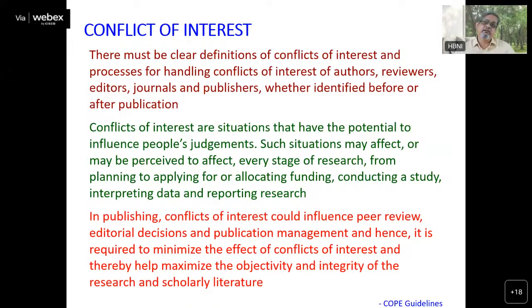And in the publishing world, the conflicts of interest can influence the peer review process, it can influence the editorial decisions on manuscripts, and also the publication management. So it is really imperative that these effects of conflicts of interest are minimized so that the objectivity and integrity of research is maximized.